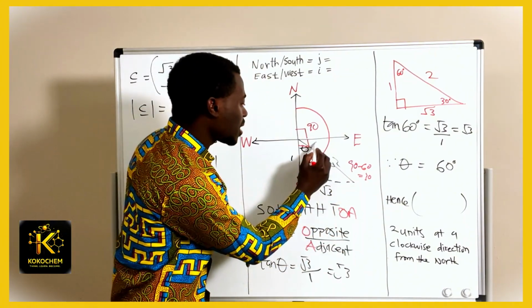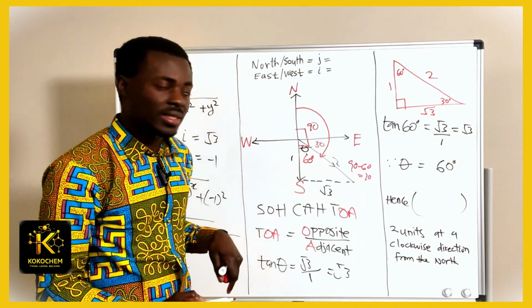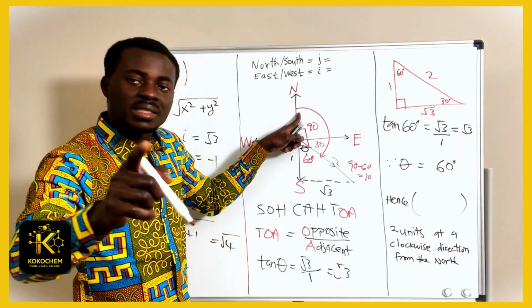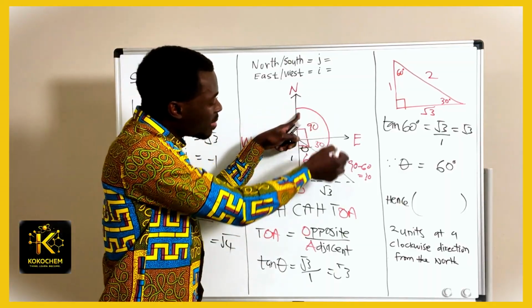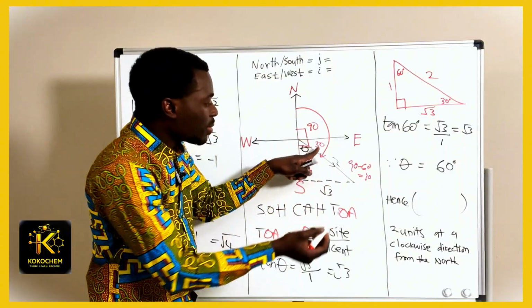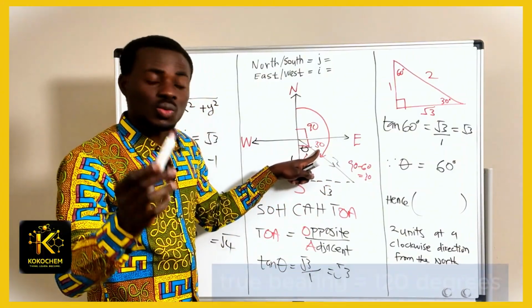So the measurement from north to the vector is 90 plus 30, which is 120 degrees.